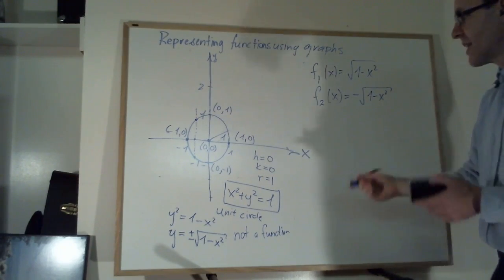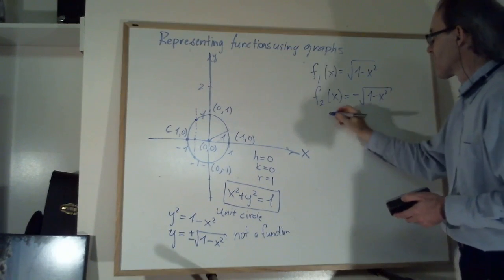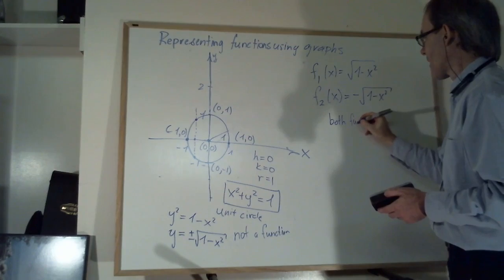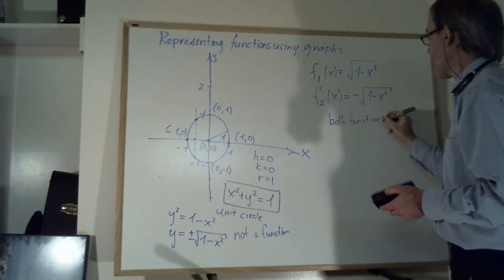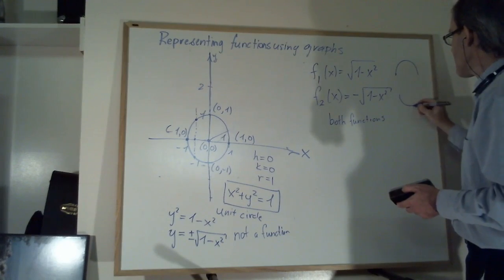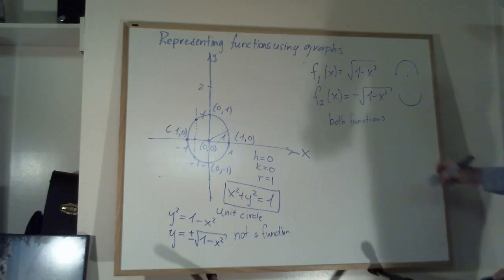So I can break this thing, which is not a function, up into two things which are both functions separately. They're different functions. One is the upper semicircle and the other is the lower semicircle. And you put them together and you get the entire circle.